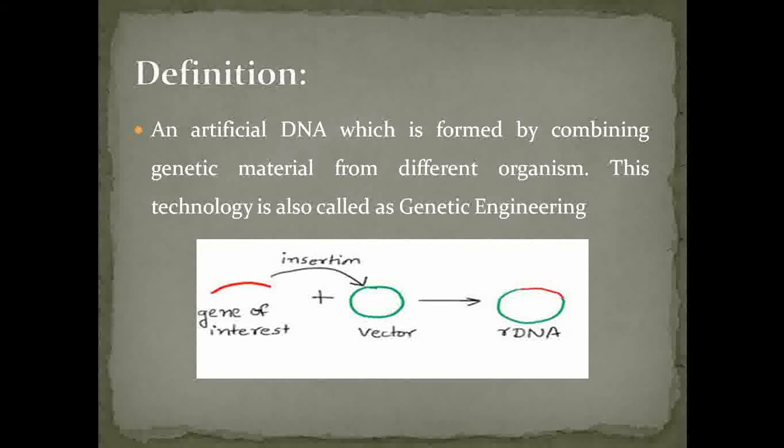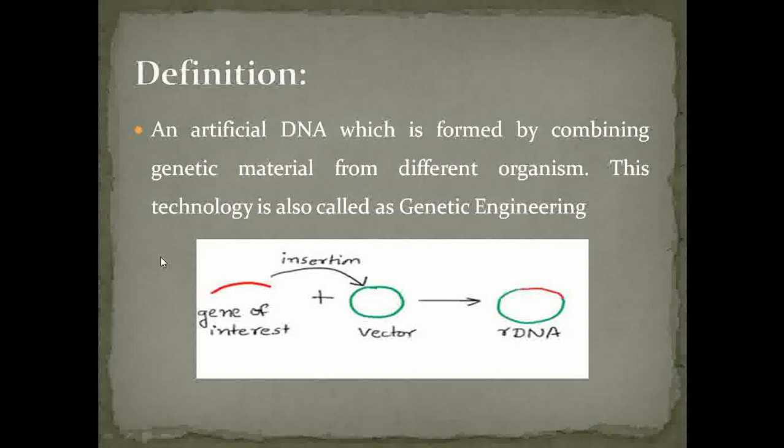That's why it is named Bt cotton, a genetically modified cotton which has disease resistant ability. So here we have to transfer the genes from Bacillus thuringiensis into the cotton plant. This is nothing but the making of recombinant DNA. And after making the recombinant DNA, the next process is the formulation of genetically modified plants or animals.